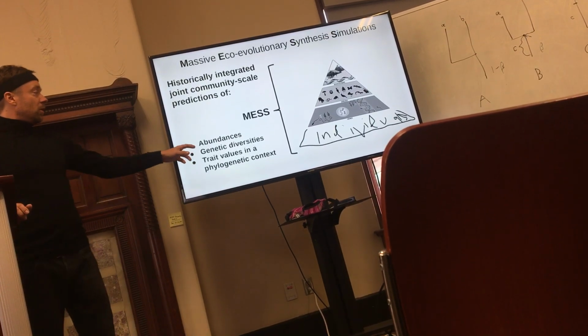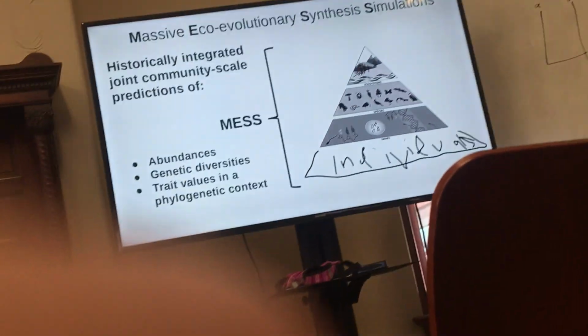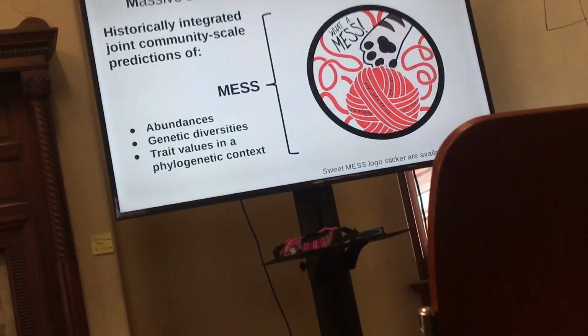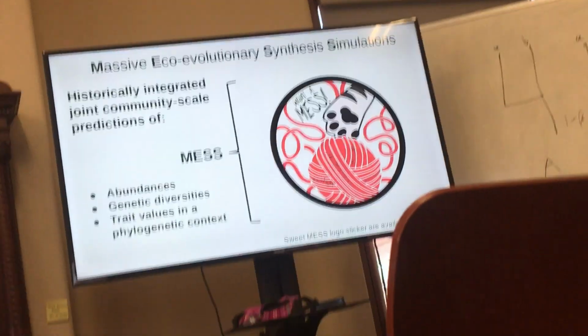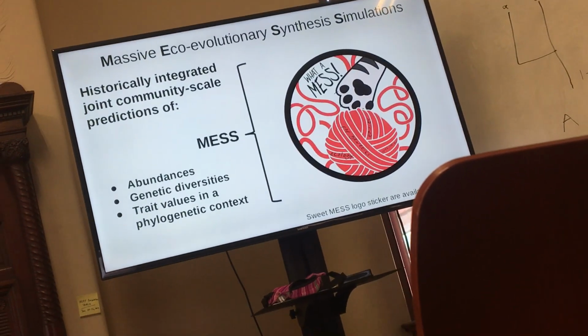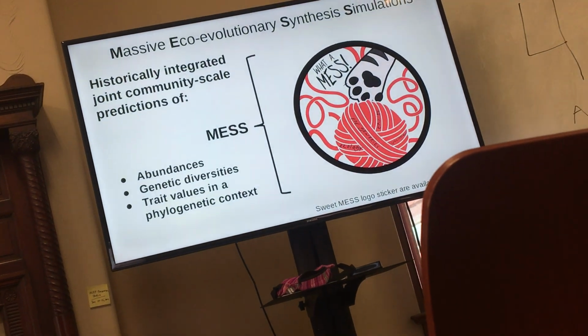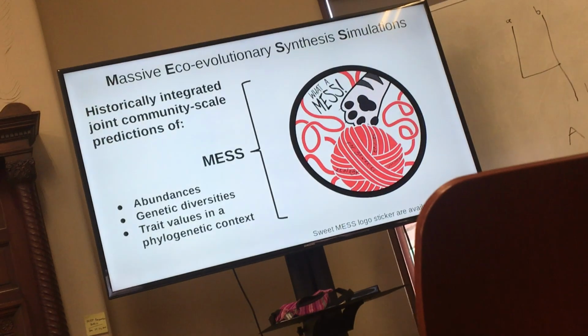So we're now generating, this is a joint model of abundance, genetic diversity, and trait values in a phylogenetic context. So there's a cool logo, which I can't take credit for. Andy designed it, and Ariana actually did the drawing, and I just paid for it, so I'm like the executive producer.